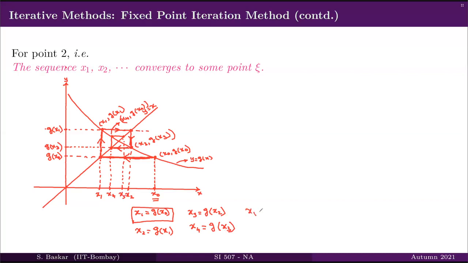So x5 is equal to g of x4. So you came here to get g of x4, and then don't forget to again draw the directions.